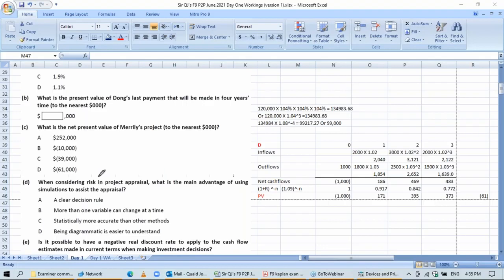Requirement D. When considering risk in project appraisal. Yes, I'll tell you a bit about the simulation.